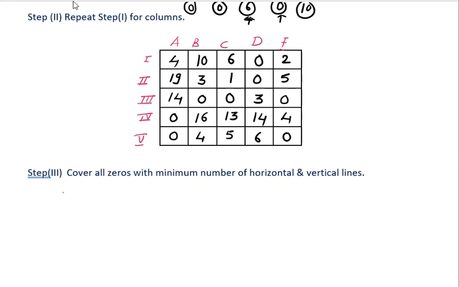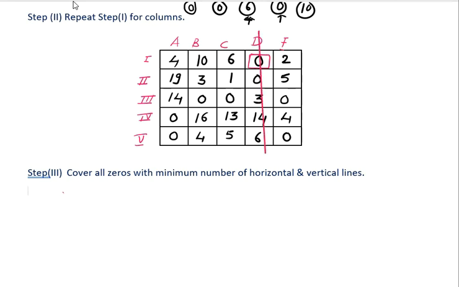In the first row, we have a single zero. So make an assignment here in the first row.